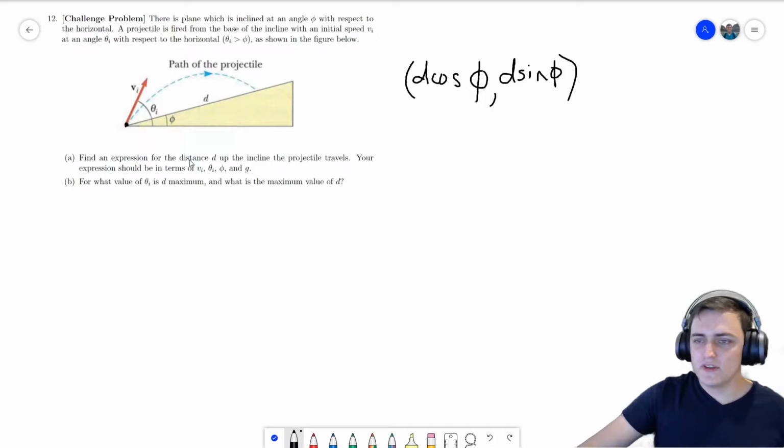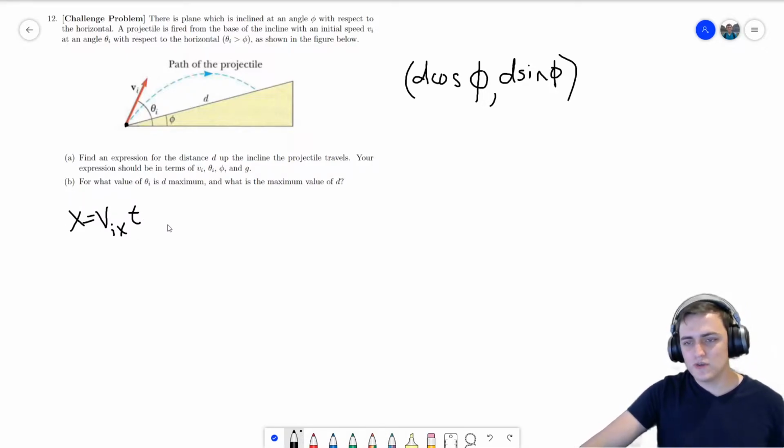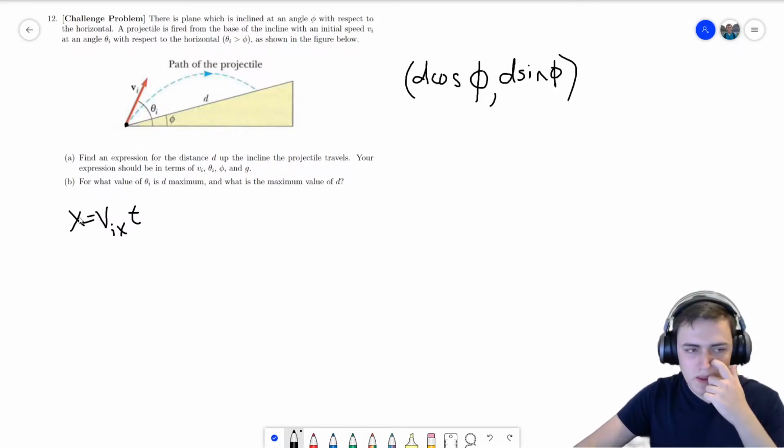Now, how do we figure out the distance d? Well, we can write two position equations. The position of x is the initial x velocity times time. There's no acceleration, there's no initial position, so this is all we have for our position equation.